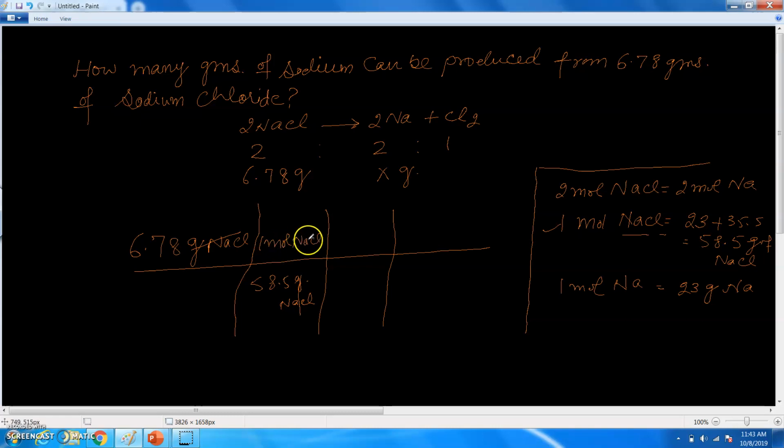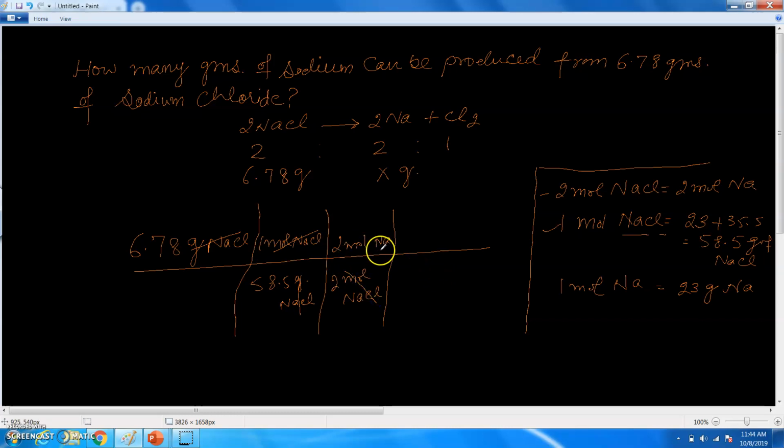We will cancel this sodium chloride 2 mole. Now 2 mole we will take this thing. 2 mole sodium chloride is equal to 2 mole sodium. Now this mole sodium chloride cancels with mole sodium chloride.